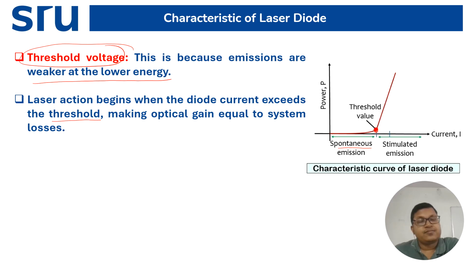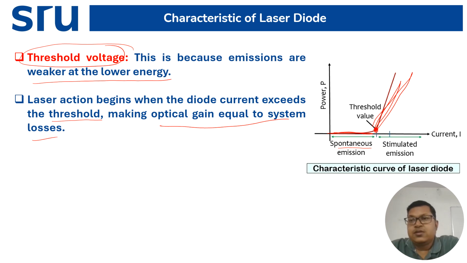From here we call this resonance. Up to this point we cannot say resonance starts, making optical gain equal to system losses. So this is what we understood from the power versus current curve.